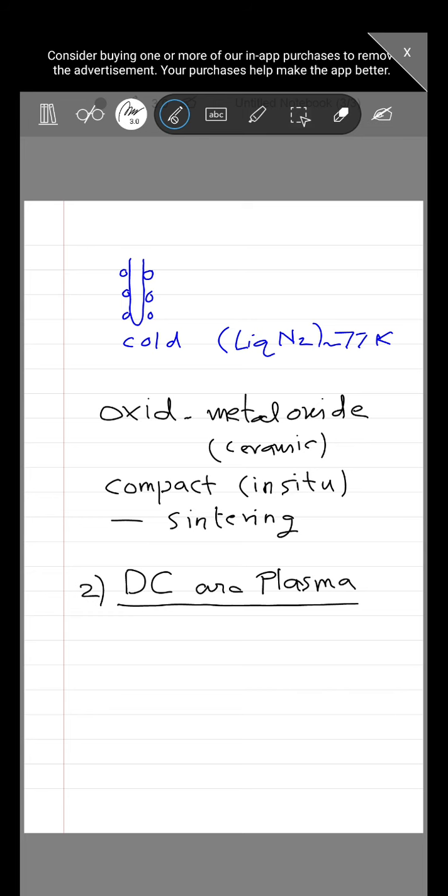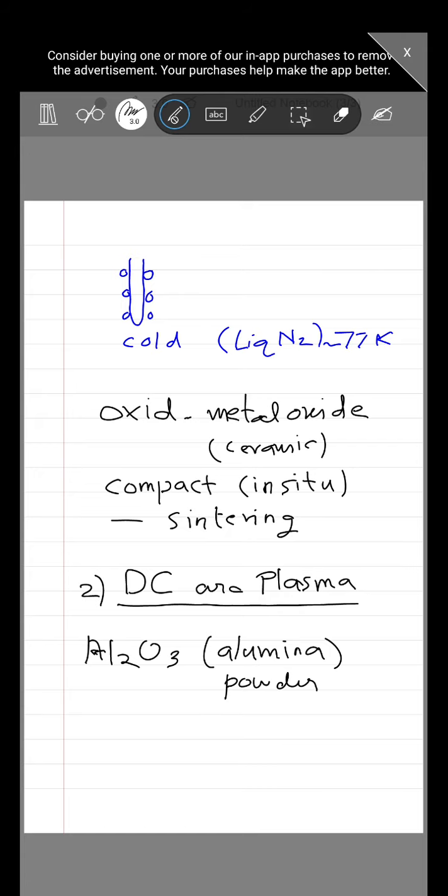Now, in this method, the nanocrystalline alumina powders, let's say for example Al2O3, in powder form, they are synthesized by this method.